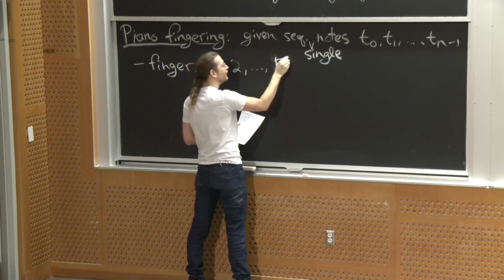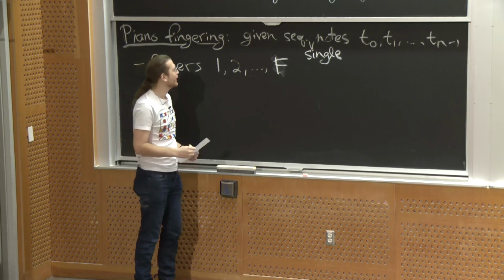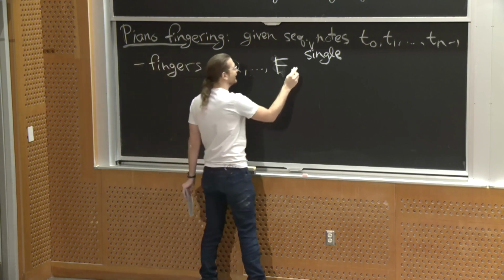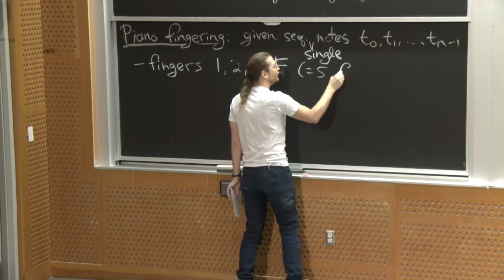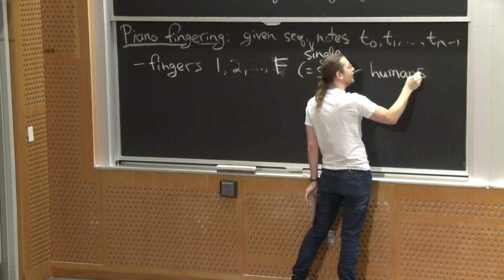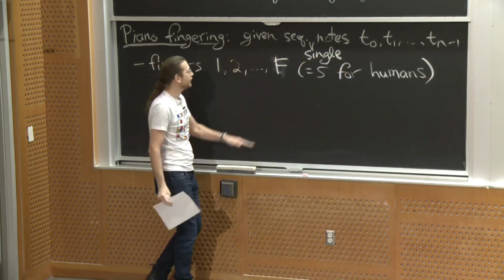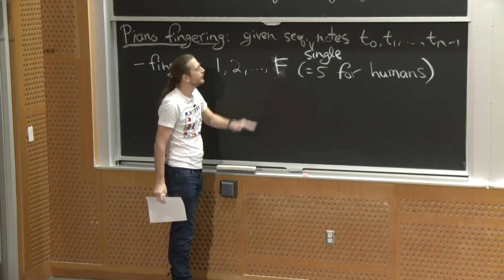So in general, I'm going to assume an arbitrary anthropomorphic object. So this is 5 for most humans. Some humans, I think the maximum on each hand is 7. Could be smaller. Maybe you've had an accident. OK, I'll solve it for arbitrary f.